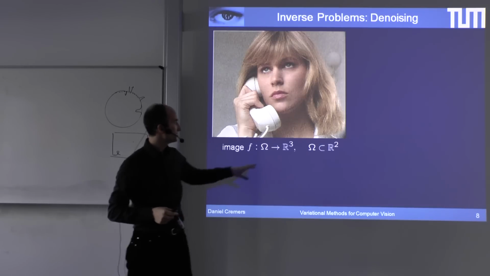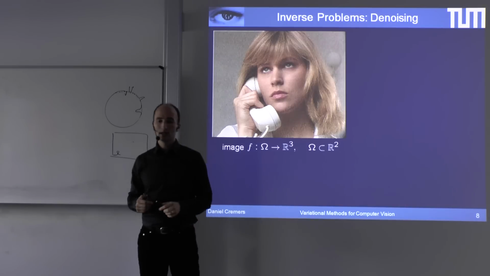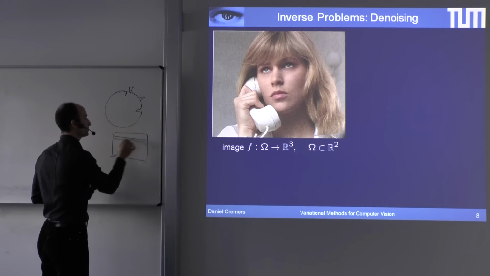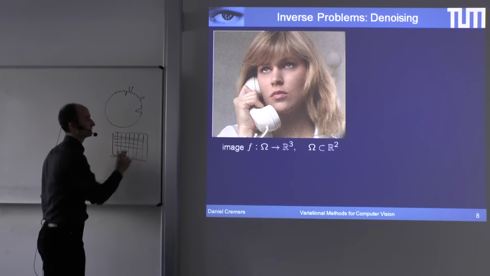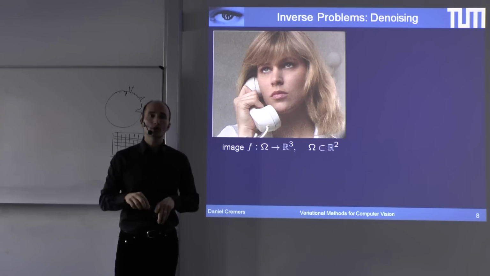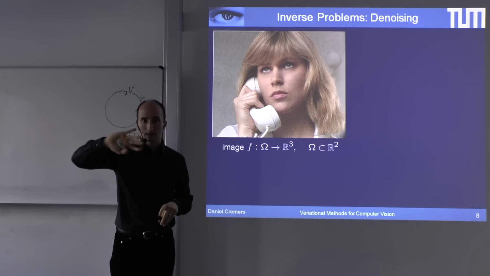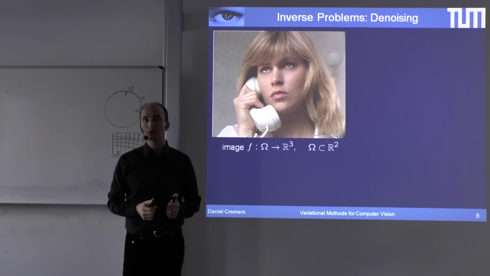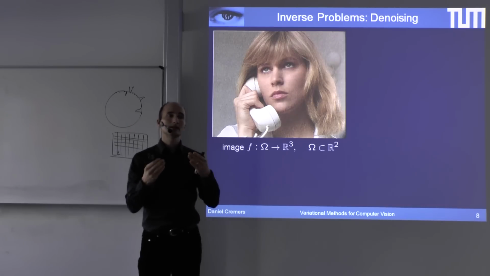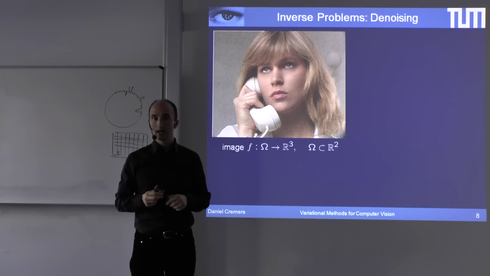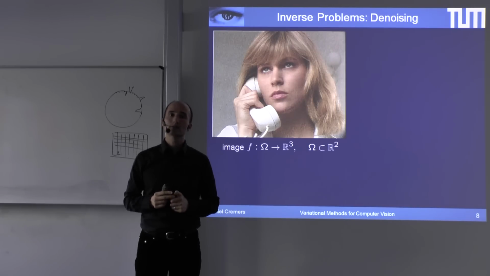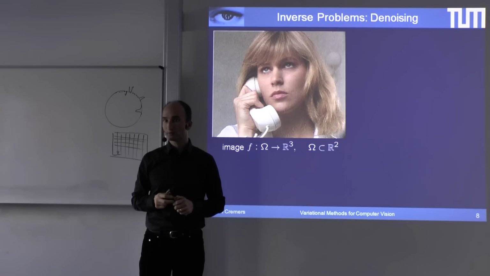One key advantage, to name it right beforehand, is that if you discretize your image as it is actually stored in the computer on some grid, then your algorithms often depend on the choice of the grid. If I take this grid, I get some solution. If I take a different grid, I get a different solution. There are algorithms that are designed on the grid level. In practice, however, we want to devise algorithms that are independent of the choice of grid.